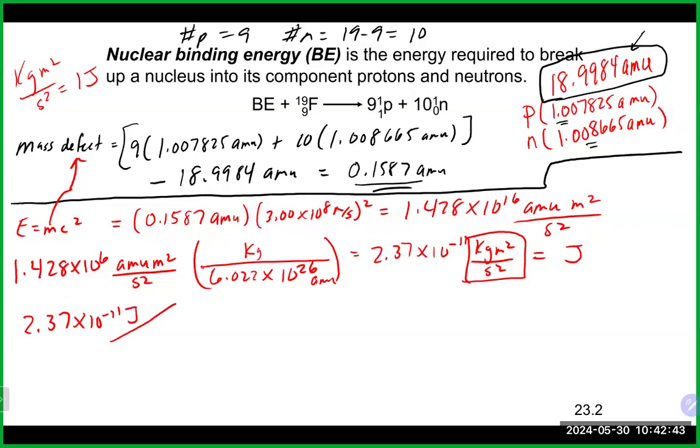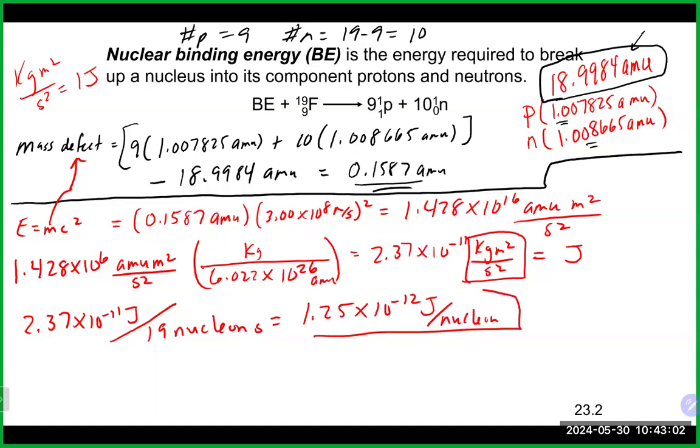We could then divide it by our nucleons, which in this case is our protons and neutrons, our mass number of 19. And we will end up with something like 1.25 times 10 to the minus 12 joules per nucleon. Any questions on that calculation?